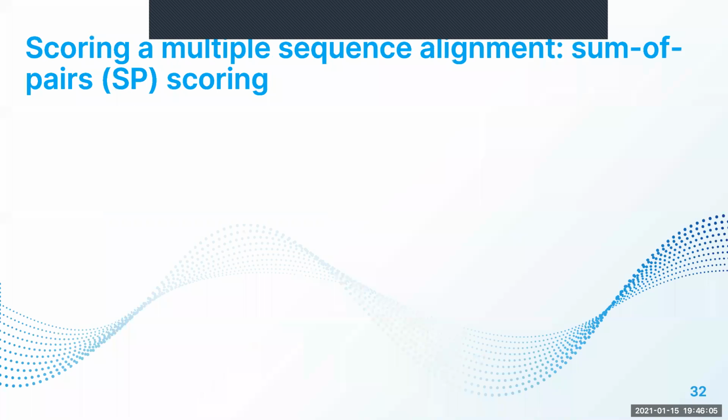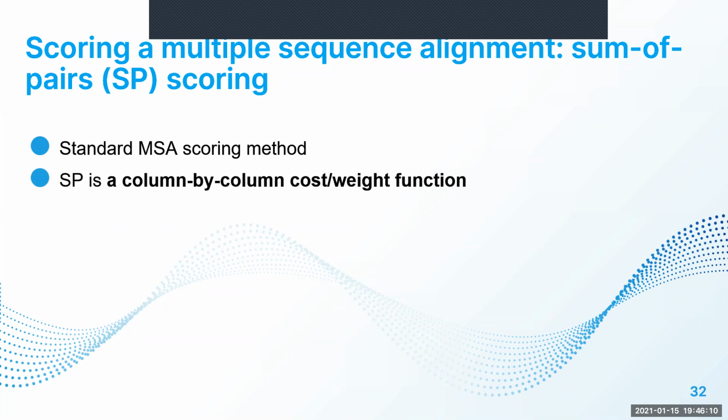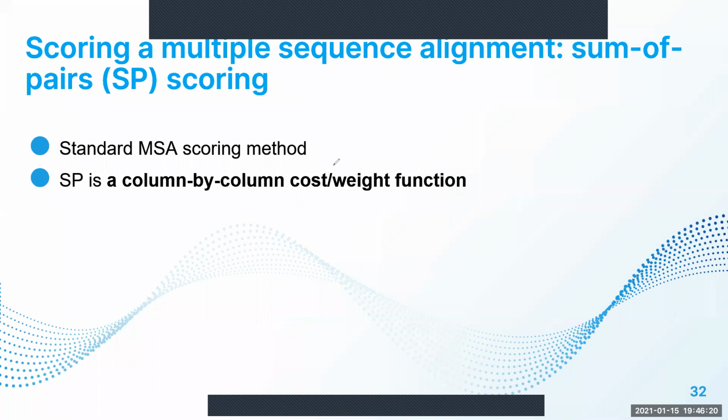Okay, then we call it sum of pairs. We consider this a standard multiple sequence alignment scoring method. We do this by a column cost weight function.